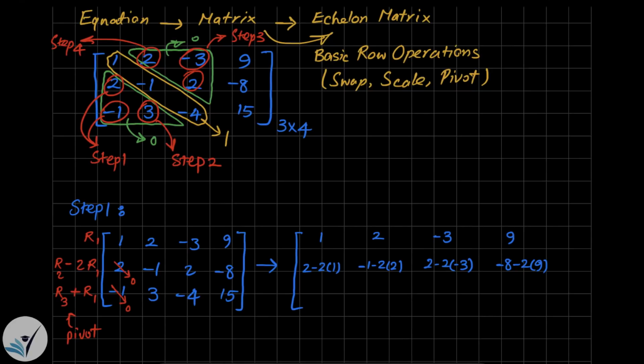On the third row we have -1 plus 1, 3 plus 2, -4 minus 3, 15 plus 9.